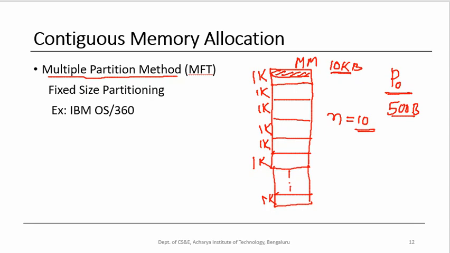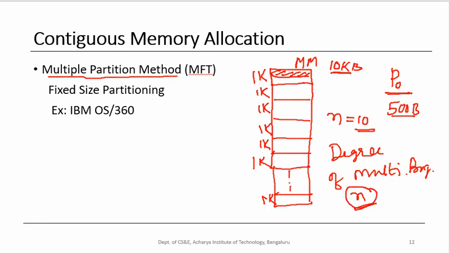So that means by looking at the number of partitions in the memory, you can decide the degree of multiprogramming. How? If there are n partitions, there can be n processes running concurrently. Okay, that's nothing but our degree of multiprogramming.